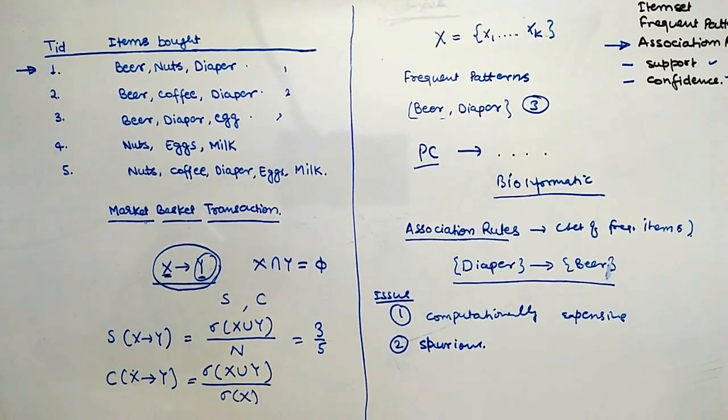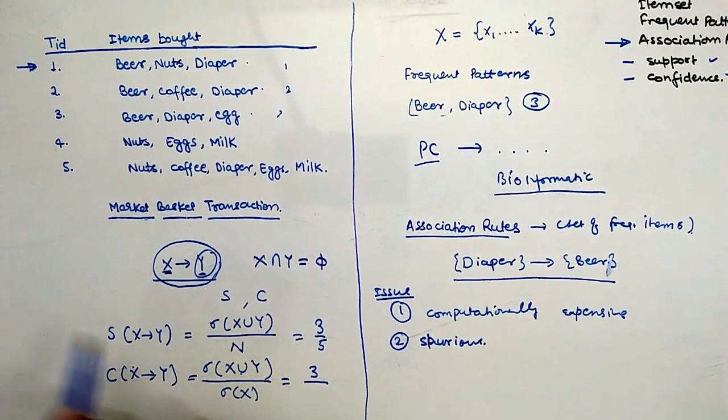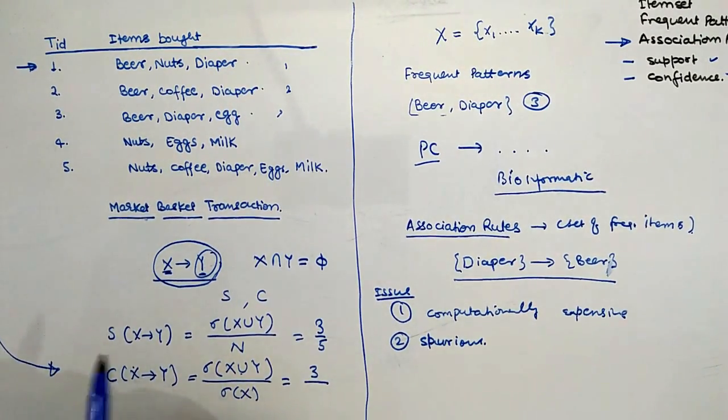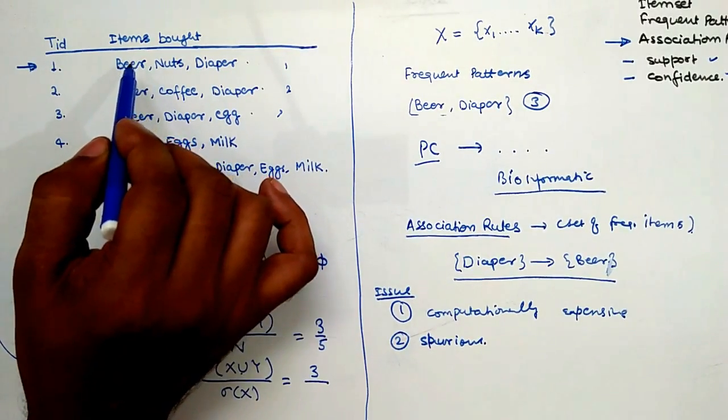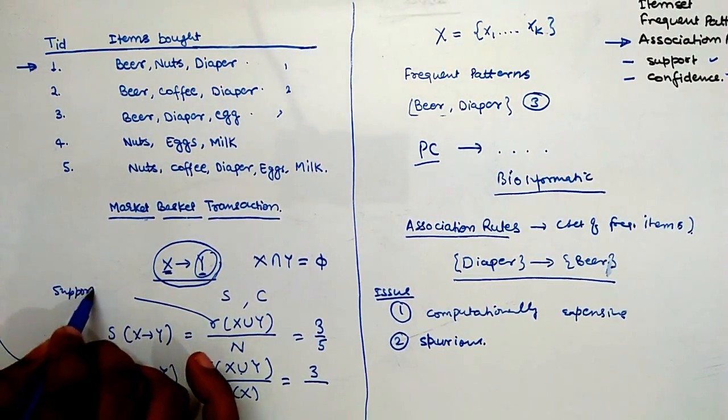Okay, so this X along with Y is 3, and if I solve for this example, the confidence of this rule is sigma of X, meaning sigma of beer, where sigma is the support count.